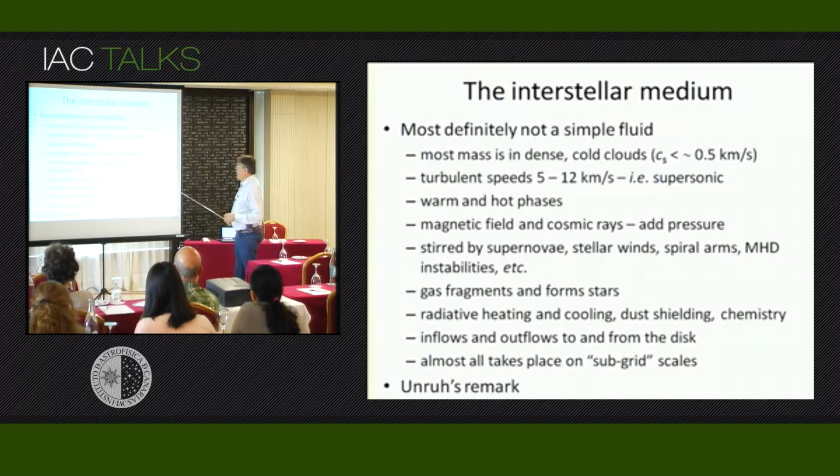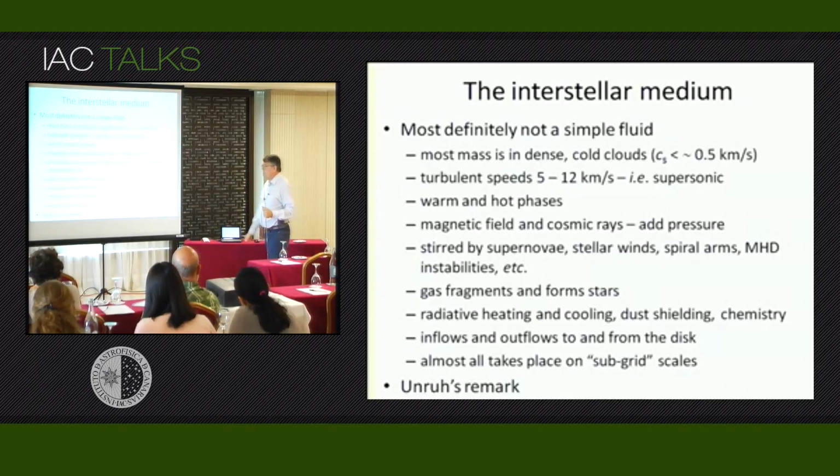And in addition to all of this, the gas is trying to fragment and form stars in a very non-uniform way. The gas is being heated by the radiation from those stars and cooled by various molecular and atomic lines, Bremsstrahlung if it's very hot, dust if it's very cold. And so all of these mechanisms are important. Depending on the chemistry of the gas, the cooling rate changes.